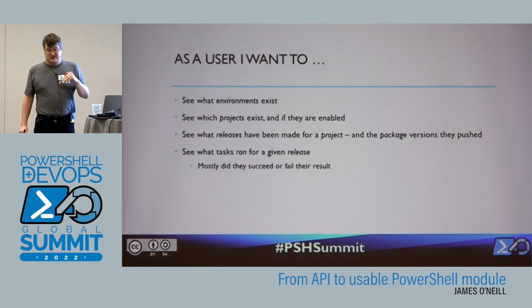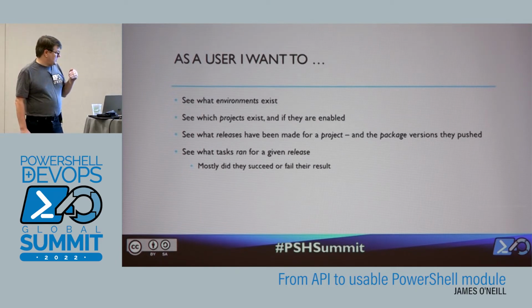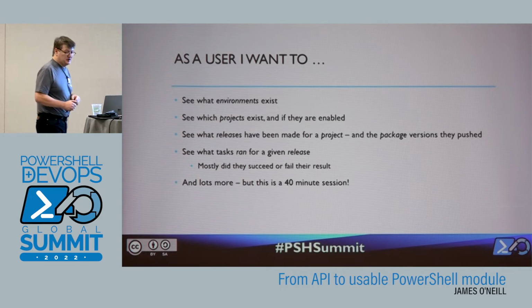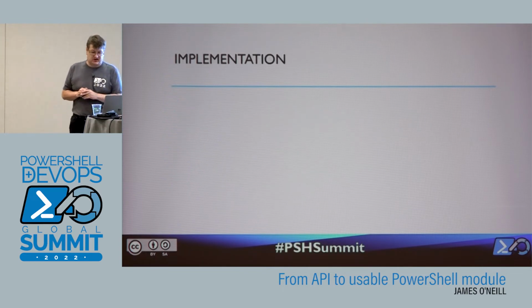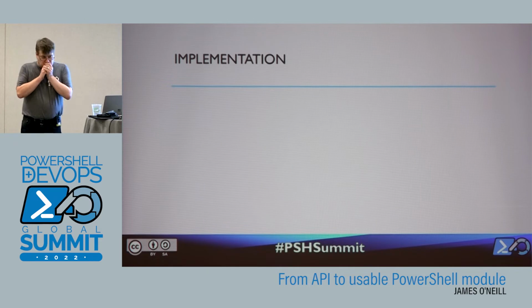What version of the packages was most recently deployed into each environment. And one of the critical things is when the tasks ran, did they work or succeed? There's lots of other stuff, but we've only got 40 minutes to look at it.